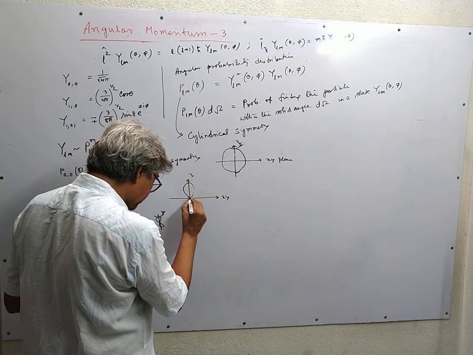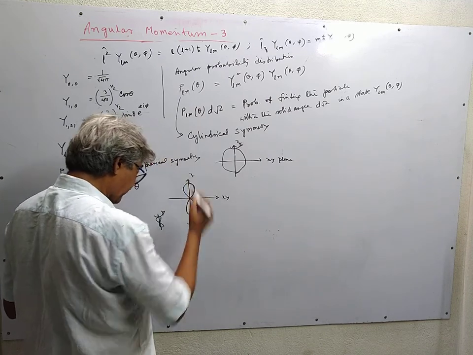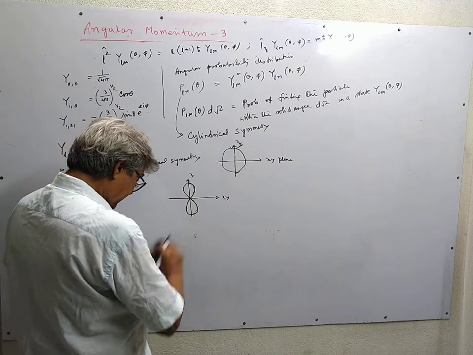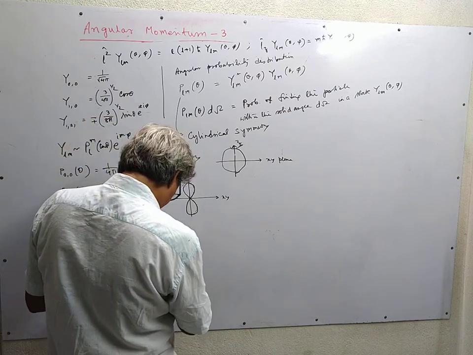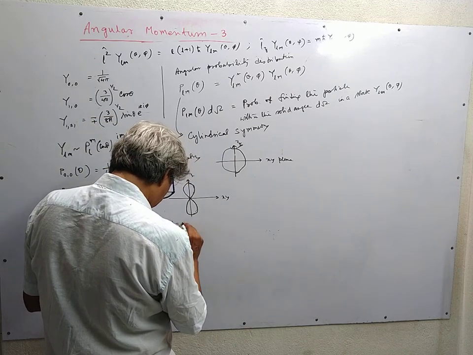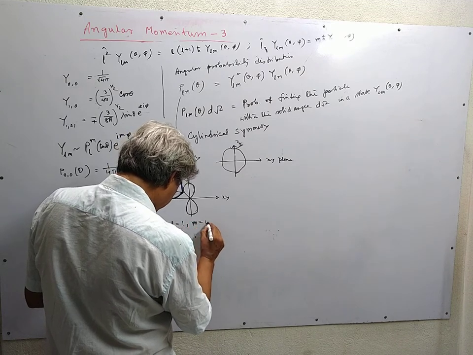The books draw the polar graph like this. So this is the angular probability distribution for L is equal to 1, m is equal to 0.